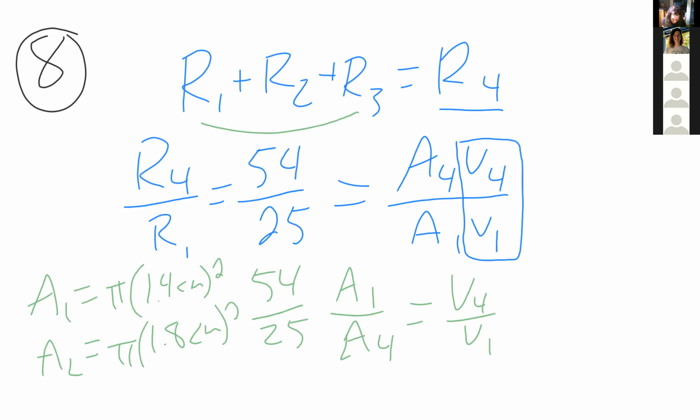And I guess I called that 4. So that's 1 and that's 4. And we just plug each of those in and evaluate, and you'll have some number on the left-hand side, and that will be your ratio. But again, the most important thing for this problem to know is that the speeds will be different through the different pipes, but that the area times the speed is the thing that must remain unchanged.